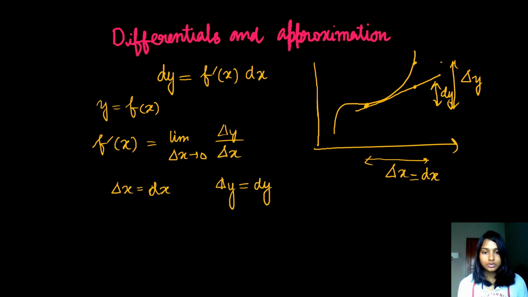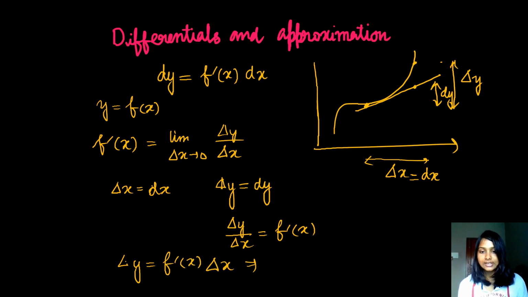And also this delta y by delta x can be written as f dash x, and therefore delta y equals f dash x delta x, which in turn can be written as dy equals f dash x dx. So here we are not separating the derivative, rather we are using the differential of x and differential of y.